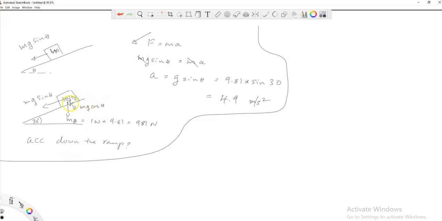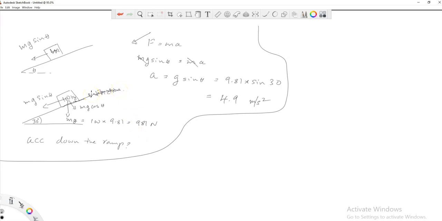Now if you put some friction here, there will be a force going against it, friction. So to find the net force for this equation, we have to subtract this friction from mg sine theta and then do a little modification here. But right now we're not going to worry about that.